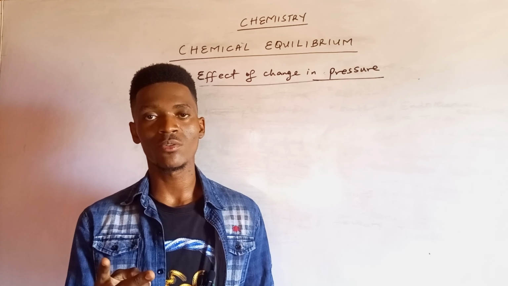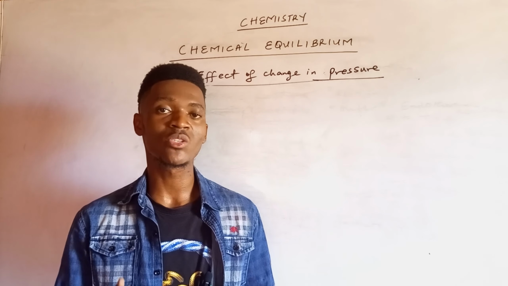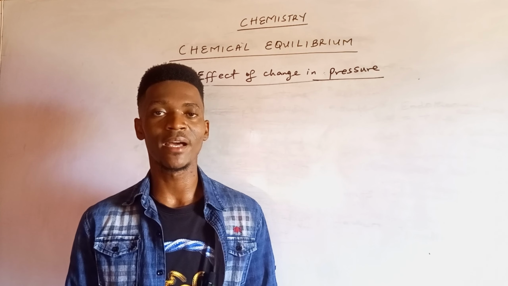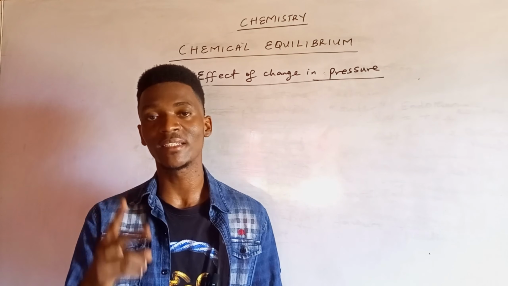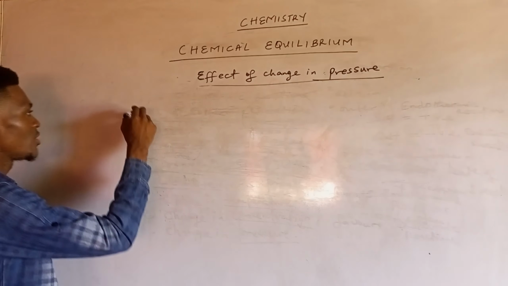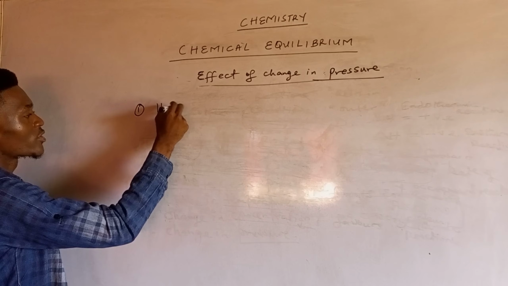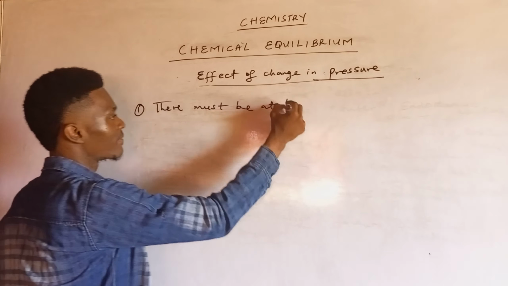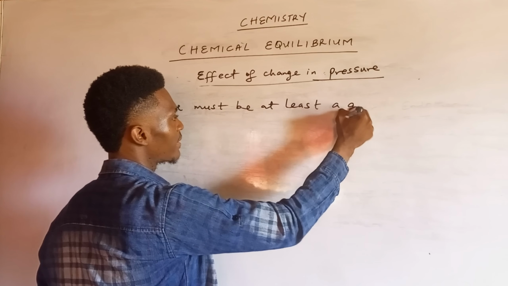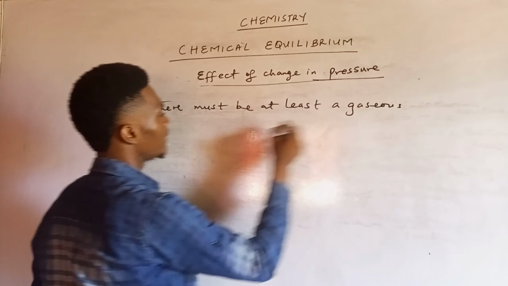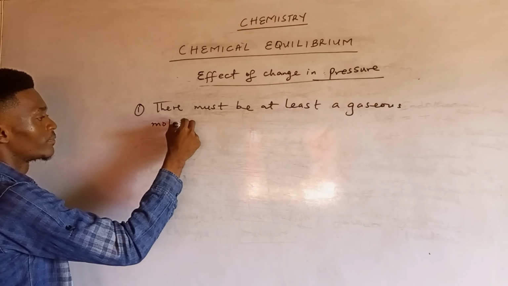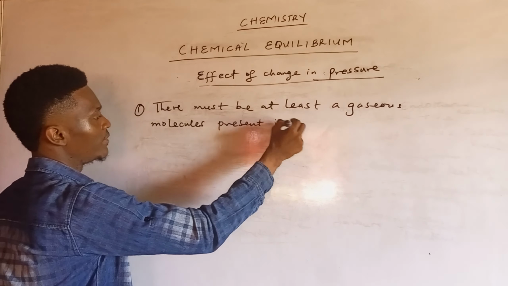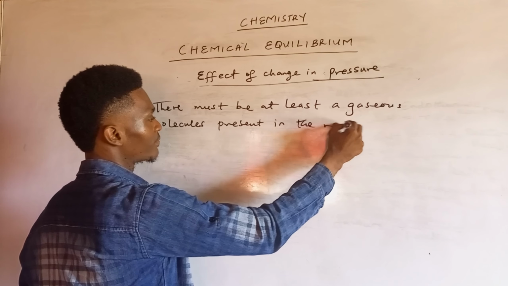So there are two conditions that a system must obey in order to be affected by changes in pressure. And what are these two conditions? The first condition is that there must be at least a gaseous molecule present in the reaction.